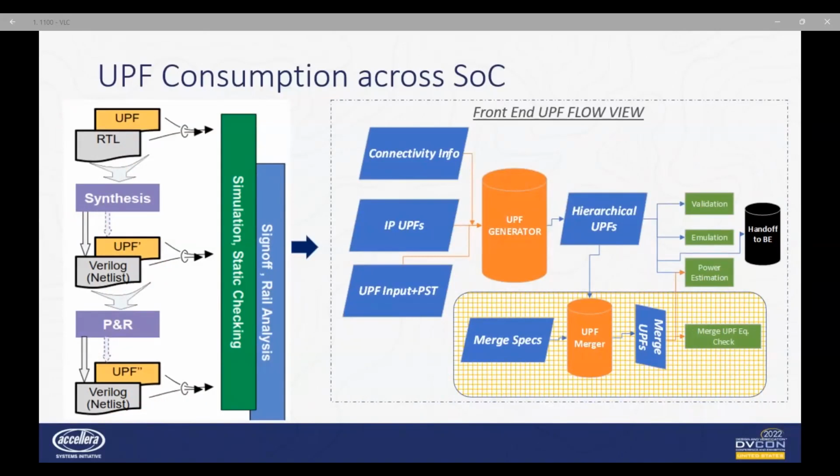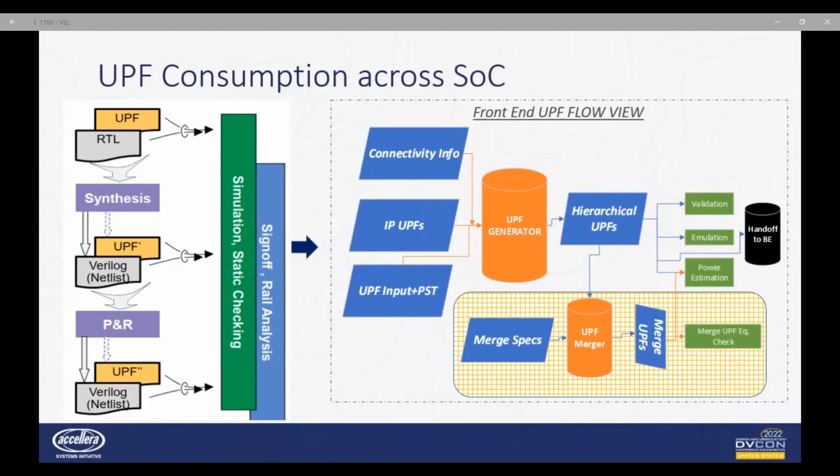So the UPF generator tool integrates those IP UPF, and according to the connectivity information, it generates the UPF. So these UPFs are hierarchical in nature, but because of the issues in backend tools, which we'll discuss later, we cannot directly consume this UPF for synthesis and subsequent stages.